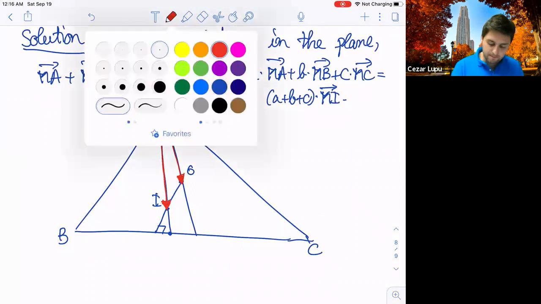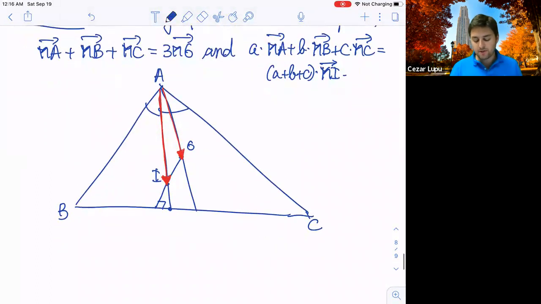Okay, let's do it. AG vector, and you know, this is the median. Here, actually, let me put here, this is D and this is A1. You know, the median, just look here.